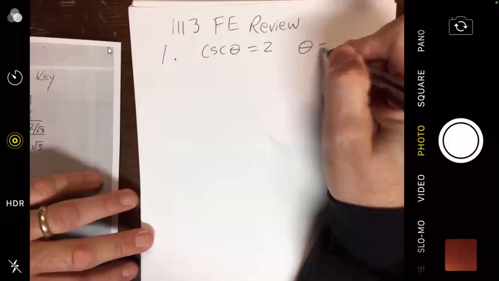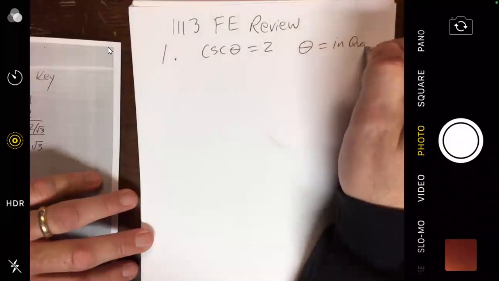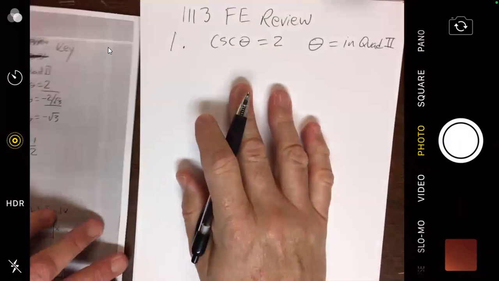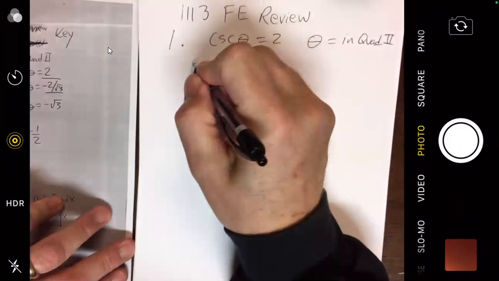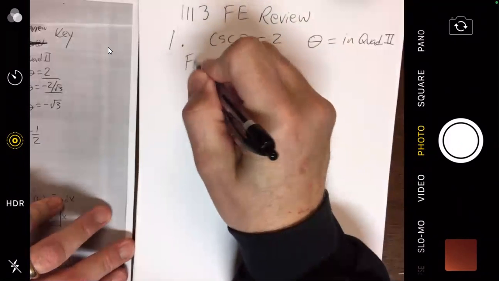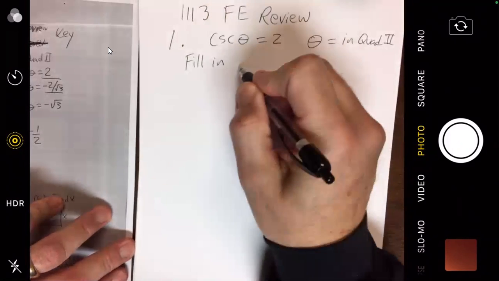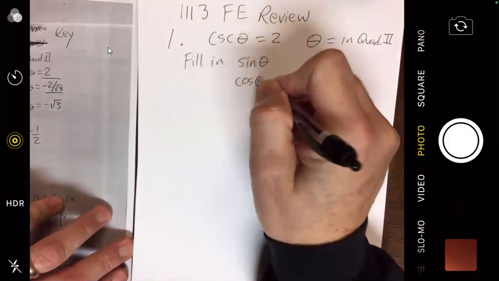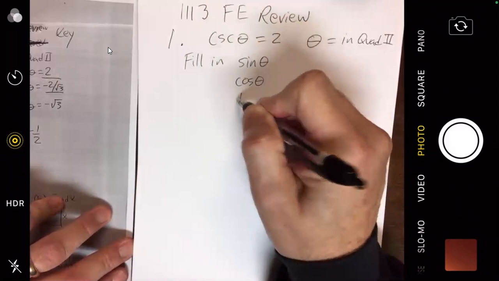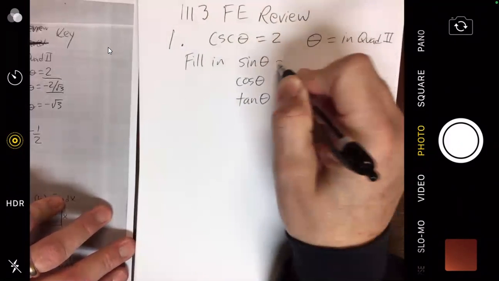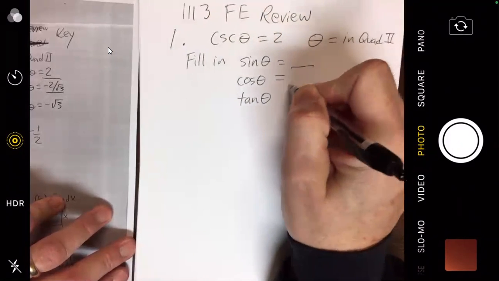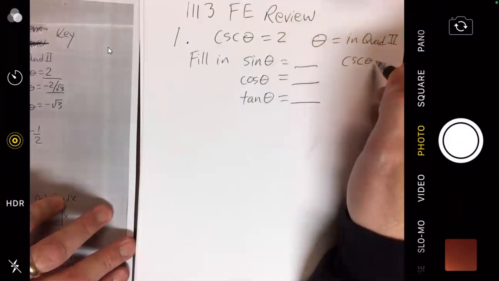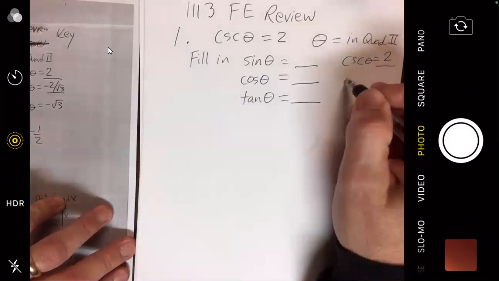They tell you flat out theta in quadrant 2. I want you to fill in the table: sine theta, cosine theta, tangent theta. I'll give you blanks for these. And then flip them. And you already know this blank, that's 2.